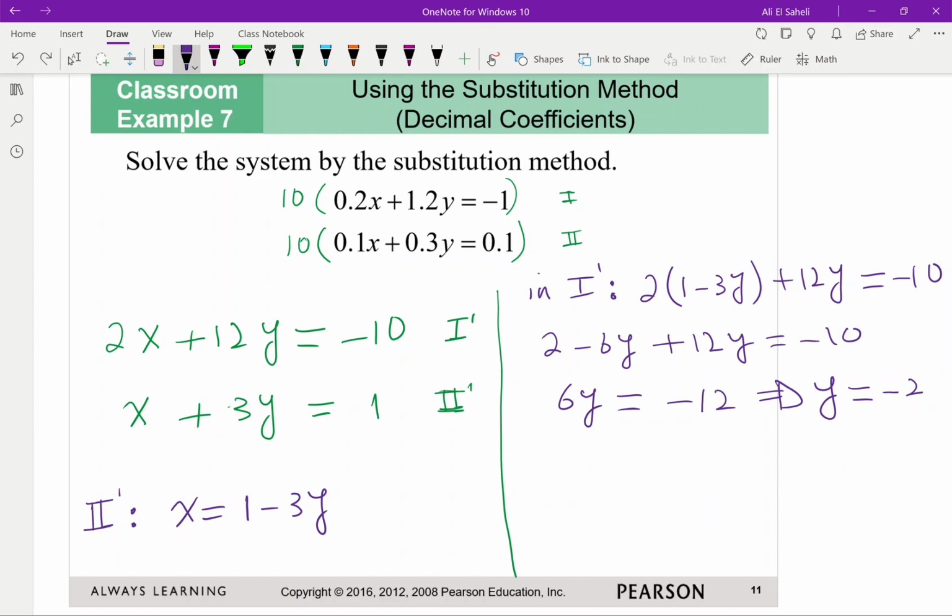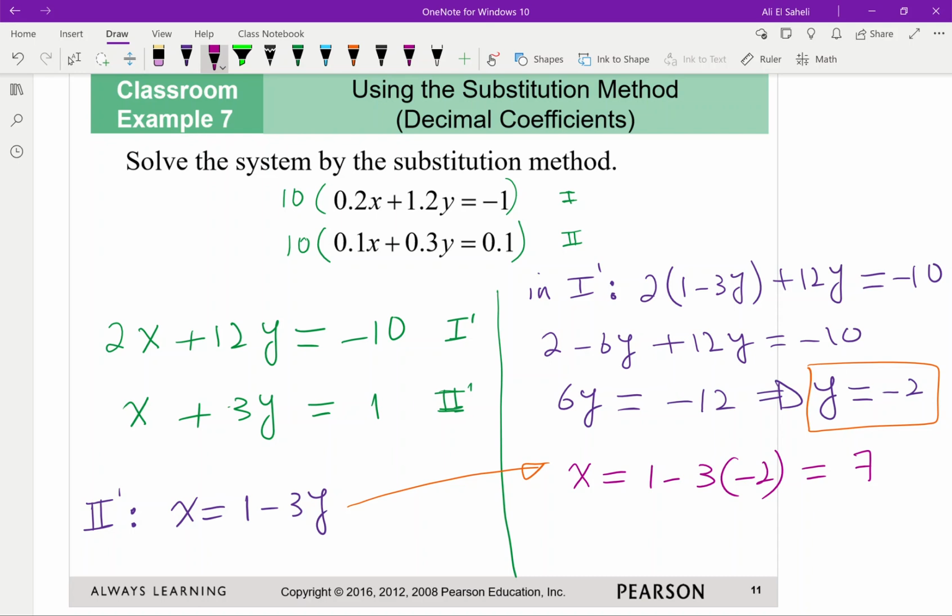And we use this to find x. x equals 1 minus 3 times y. 1 minus times minus is plus, so 1 plus 6 is 7.